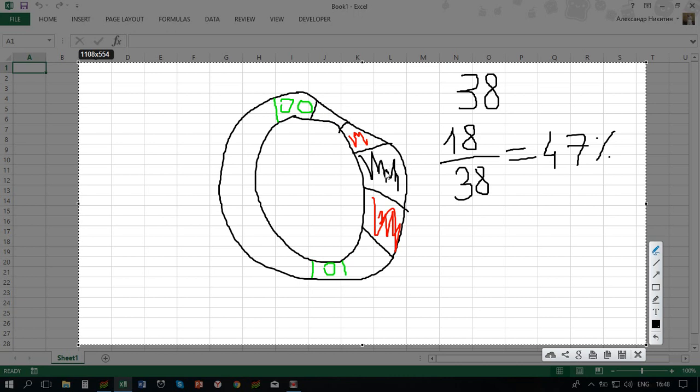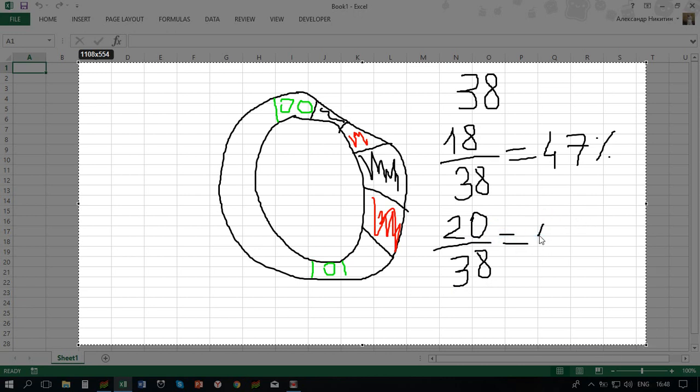But the casino has the same 18 black cells, same as you have red, and it has 2 green cells. So the casino has 18 plus 2, 20 winning outcomes, and if we divide them by the total 38, this equals somewhere around 53%. 53% the casino wins, 47% you win.